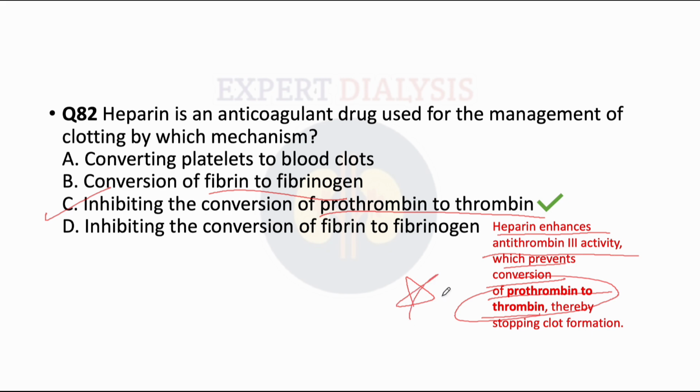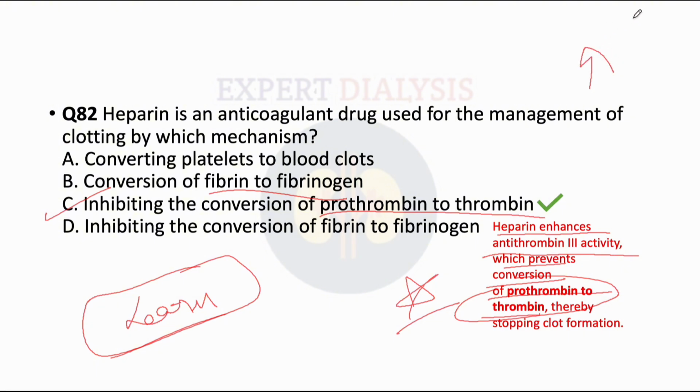This is the mechanism on which heparin functions. If you want to learn more about the anticoagulation part, we have made a dedicated video on anticoagulation where we have discussed all the mechanisms involved. I will request you to watch that video, and I will also put the link of that video over here somewhere.